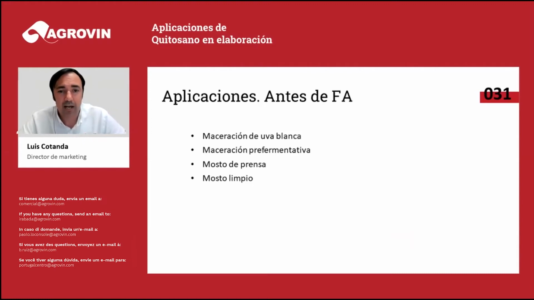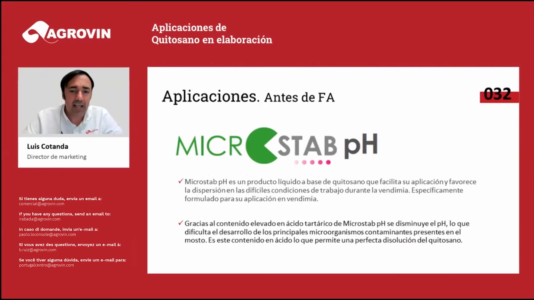Therefore, in terms of applications, we should use chitosan during the maceration of white grape, normally at a low temperature. The non-Saccharomyces have the evolutionary advantage of being able to function well at low temperatures, and otherwise we can perform a pre-fermentative maceration or add it to the pressed must or the clean must.